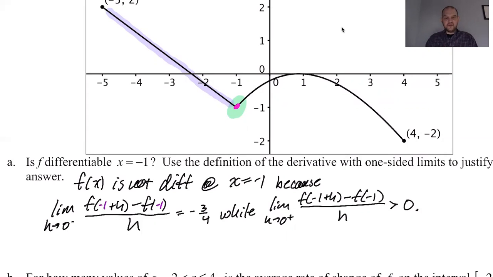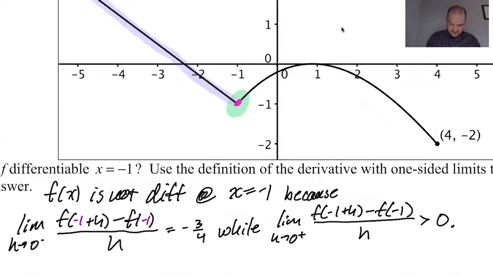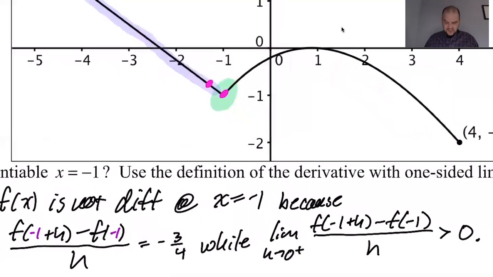If you add a number to -1 that's a little bit negative, you get like -1.1, something like that. So that's going to put you over here, which is why we're saying the slope on that interval is the slope of that line segment, -3/4. Whereas when we look at the limit as h approaches 0 from the right, we're going to add a tiny little positive number. So we start here, this is our -1, but we're adding a little positive number.